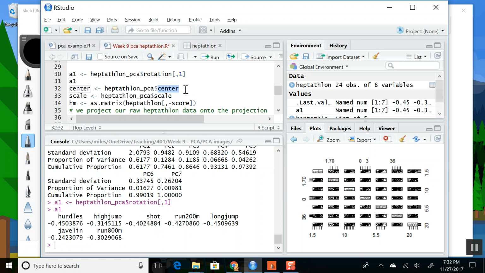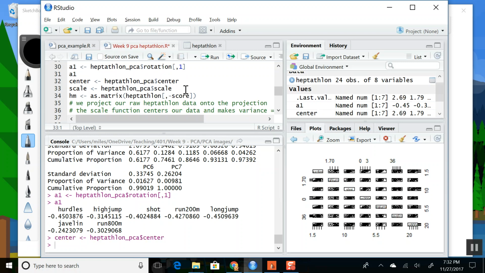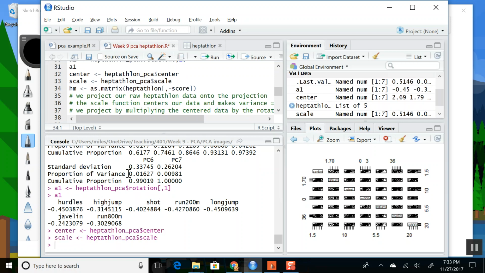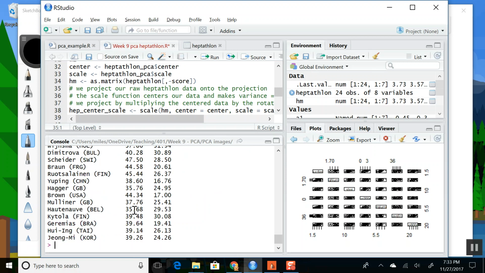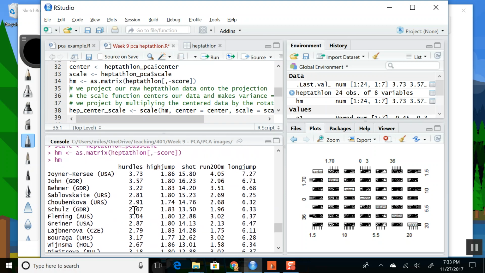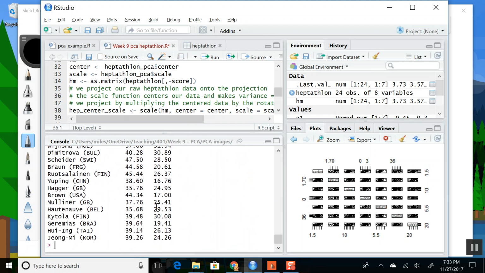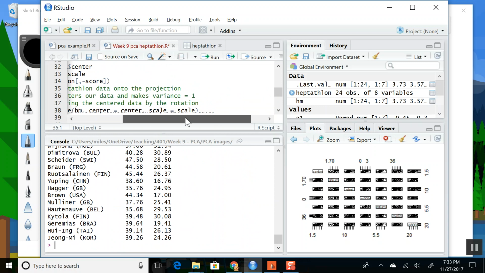Okay, so what we want to do is take the center and the scale, and take our heptathlon data. Here it is as a matrix, just the 7 things, and we're going to scale our data.